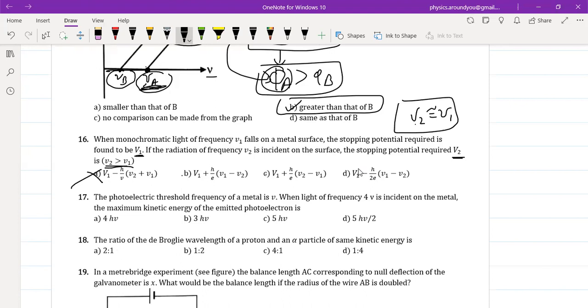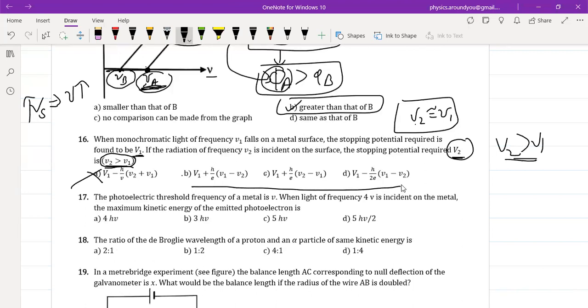Well, if nu2 is greater than nu1, stopping potential is directly proportional to the frequency. If frequency increases, stopping potential should increase, which means the new stopping potential V2 is greater than V1. Which of these options makes sense in that way?